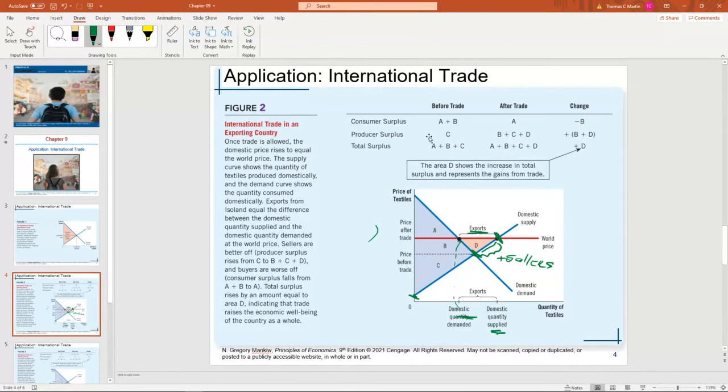So we lose B. Producer surplus is C, but producer surplus goes up to A, B, and D. So this whole area becomes producer surplus. Okay? Not different from what we saw before. Now, in the U.S., the consumer is going to look at it as a market failure. But internationally, we're just finding a new equilibrium. That's all we're doing.